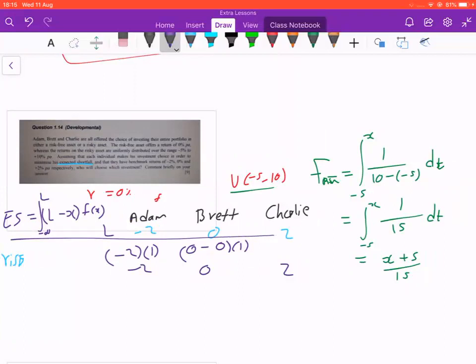So we are going again. Now the benchmark is going to be 2. I am only going to do this for Adam in terms of risky assets.